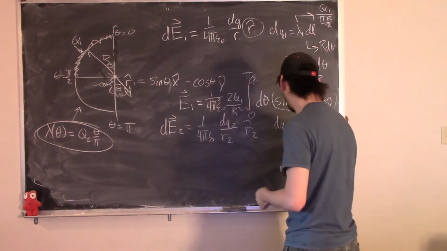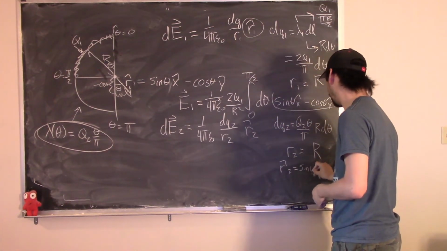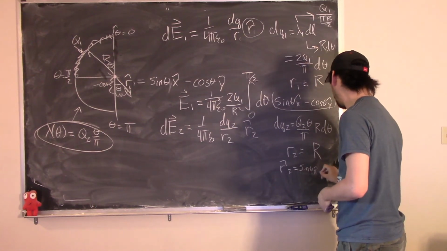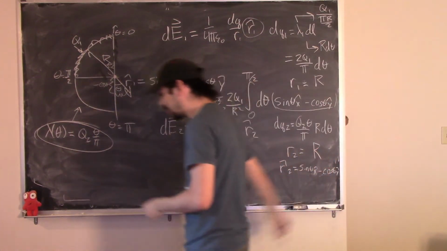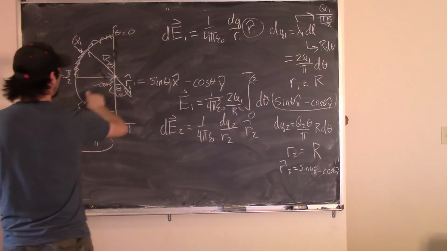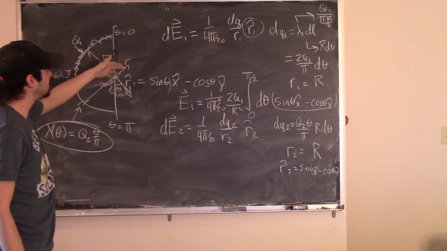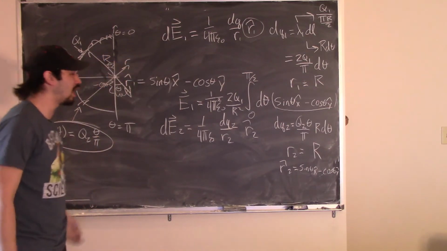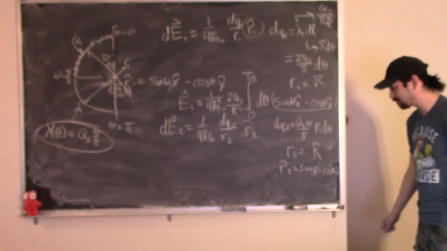So r hat 2 is equal to sine of theta x hat minus cosine of theta y hat. And this might seem strange to you because when I'm down here and I'm looking at this vector that points this way, shouldn't it have a positive x and a positive y? And the way that I have this written here, I have a positive x and a negative y.